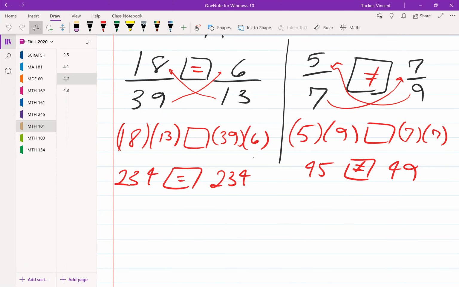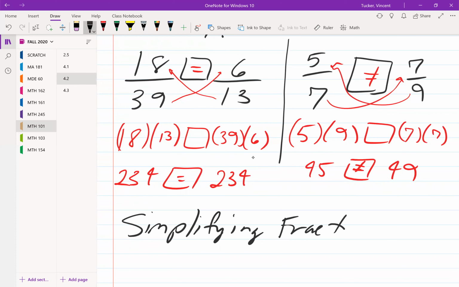All right. Last thing in this section, what we've been building up towards, simplifying your fractions.